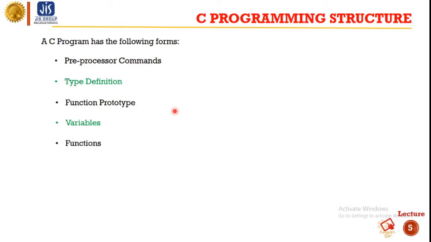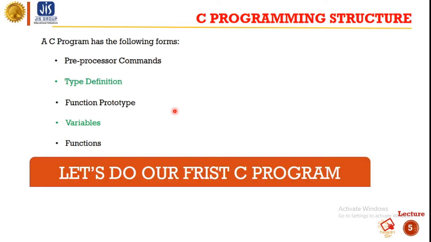A function is a set of code which performs a specified work. So now we will do our C program, and then we will understand what preprocessor commands, type definition, function prototype, variables and functions are. If we do a C program, it will be easier for us to understand.